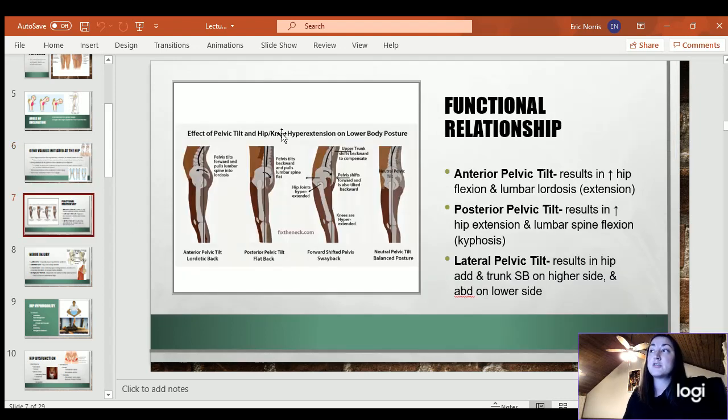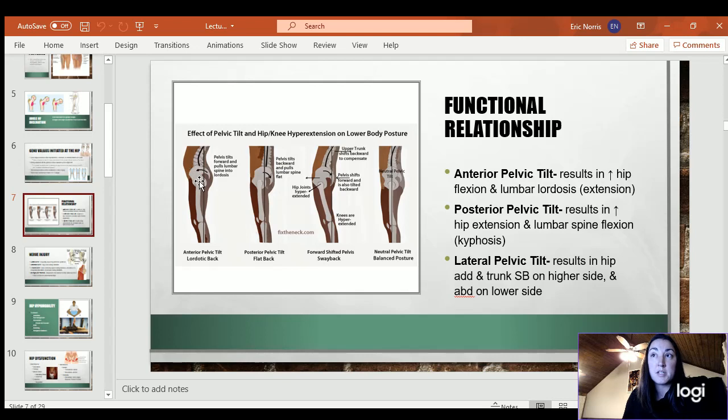Okay, so the functional relationship. So now we're going to talk about functionally, if your pelvis is tilted one way or another, what that does to the alignment of the bones surrounding. So if it is tilted anteriorly, an anterior pelvic tilt, then the hips will be in slight flexion.